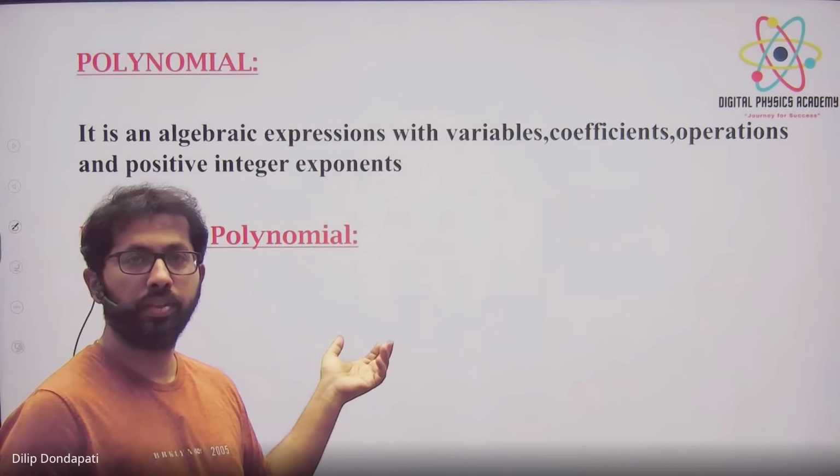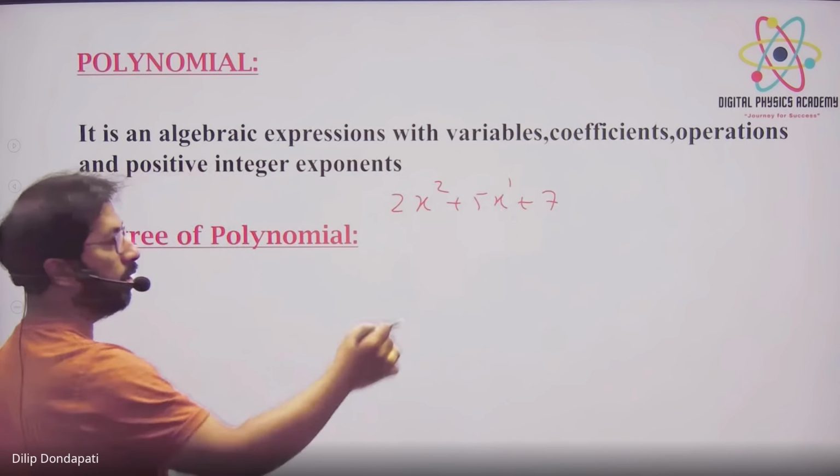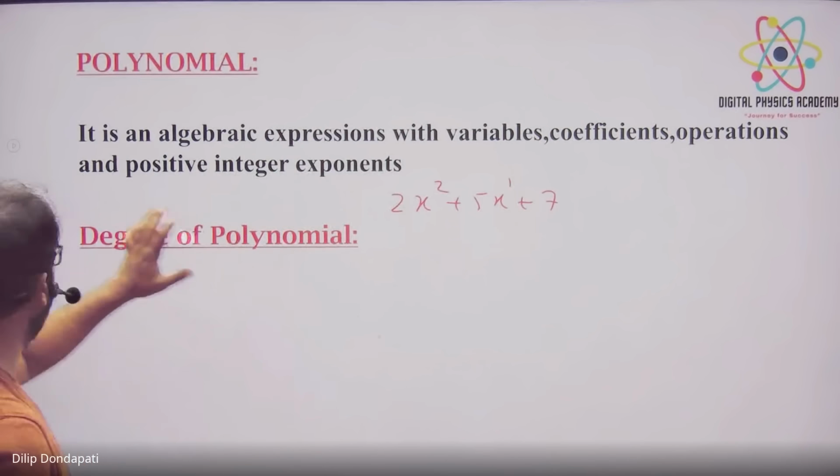Because suppose in 2x square plus 5x plus 7, all are exponential powers only, but the highest one. The highest power of the variable in a polynomial is called the degree. So what is the degree of this? 2. Degree is 2. This is the highest power.